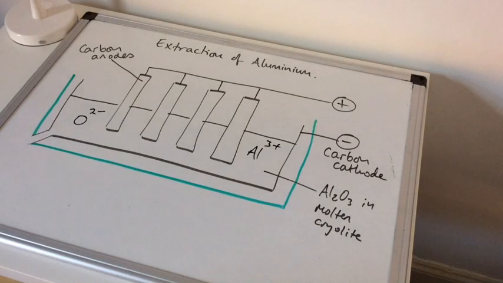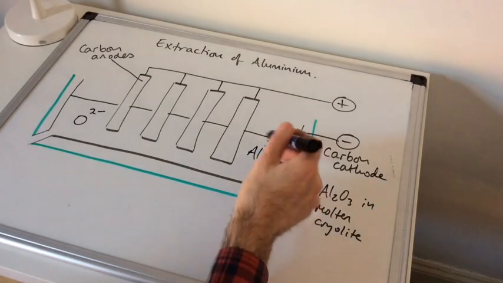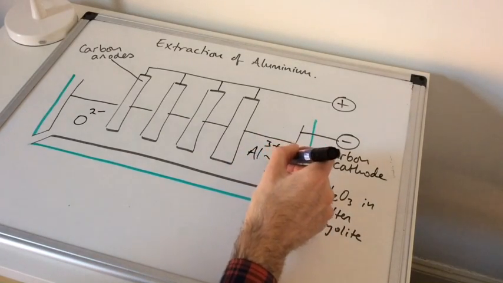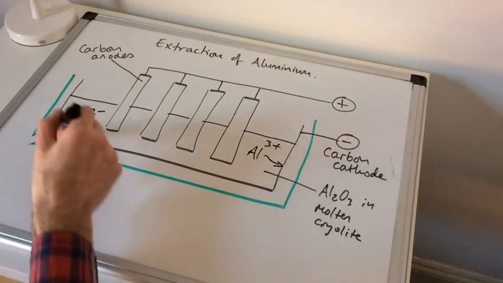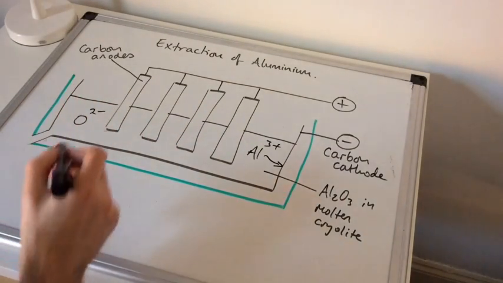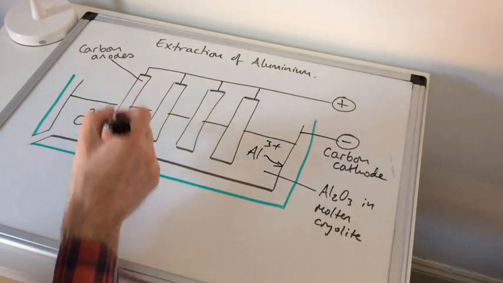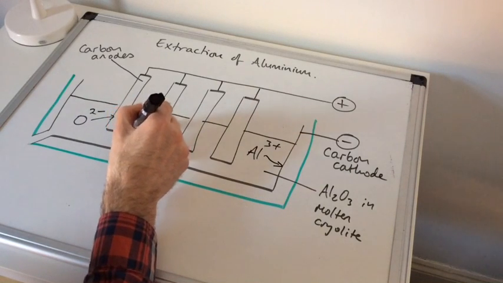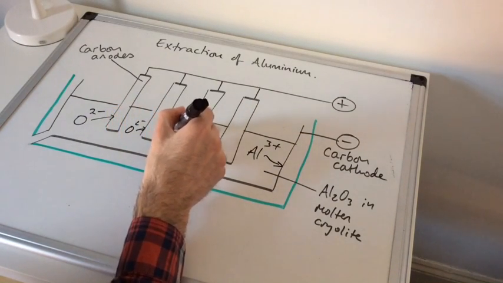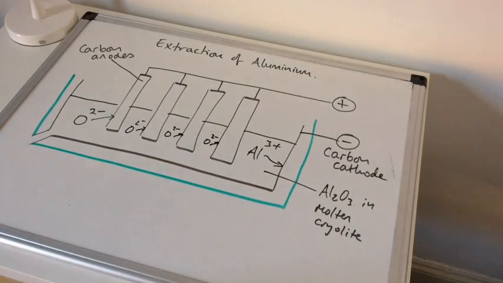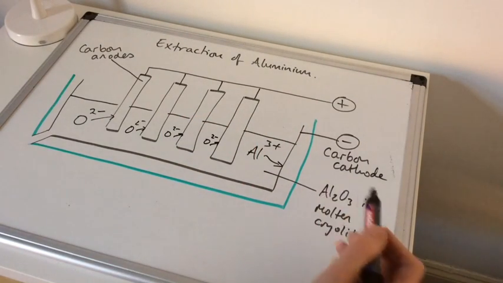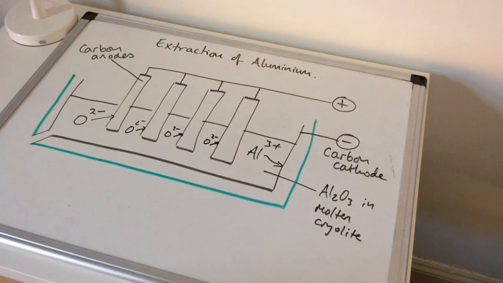So what's going to happen? Remember, opposite charges attract, and so the positive aluminium ions are going to be attracted to this negative electrode, the lining here, and then the oxide ions are going to be attracted to these positive electrodes. I'll just put a few in there. And so we've managed to separate the aluminium from the oxygen.